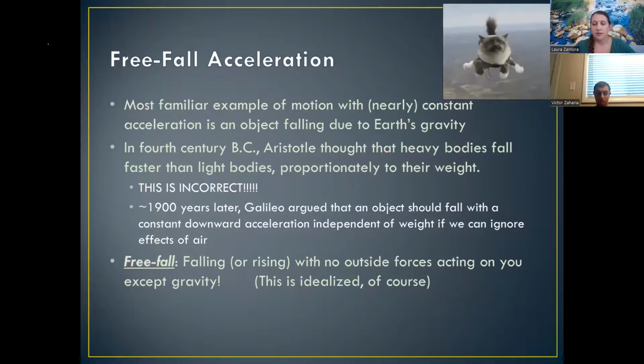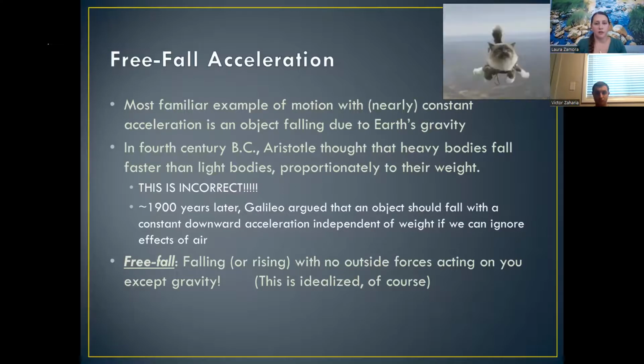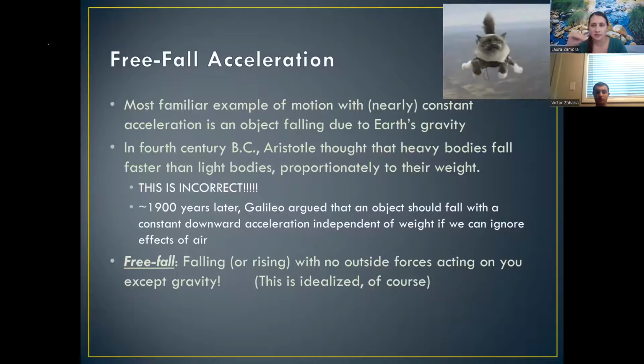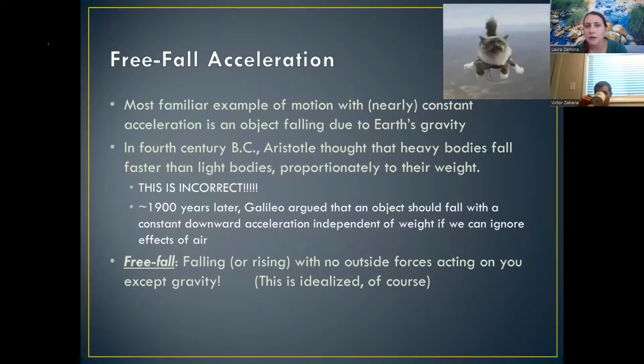Since the Earth is massive, it generates a force of gravity, and so the Earth is pulling down on everything, and that is causing these objects to fall down towards the earth. I say this acceleration is nearly constant because it does depend on your distance away from the earth, so things like altitude make a little bit of difference in our acceleration due to gravity.